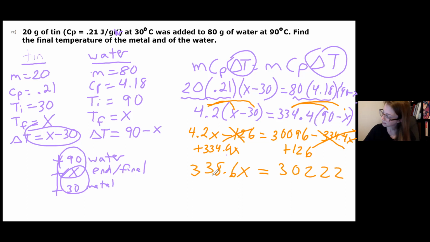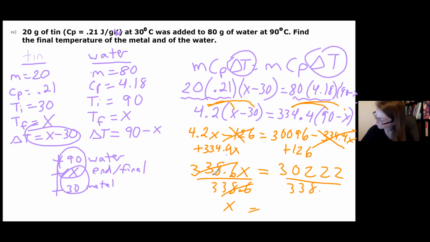We want the X by itself, so we divide by 338.6. And we get an X value of 89.26.